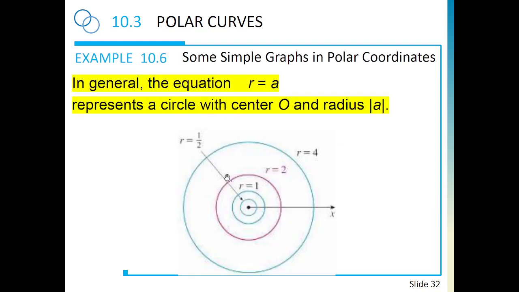By the way, r equals 1/2 is all points that are at distance 0.5 from the origin. r equals 4 is all points at distance 4 from the origin, and theta is free to spin. Theta goes from 0 to 2 pi, or actually it can go from minus infinity to plus infinity, it doesn't matter. It always produces the same structure.